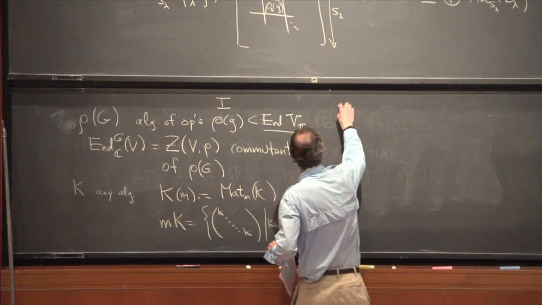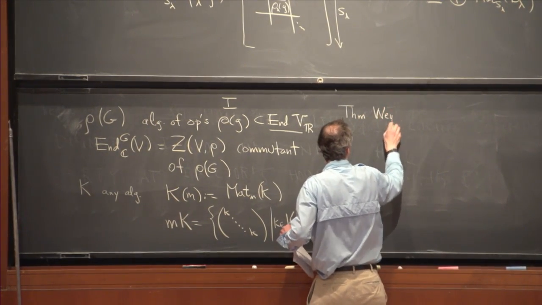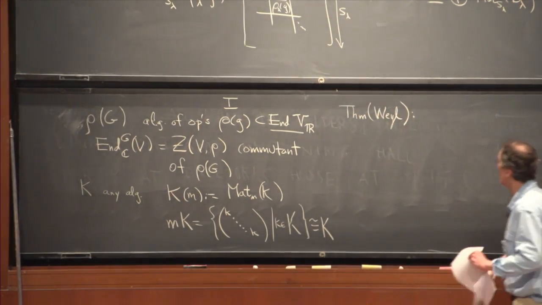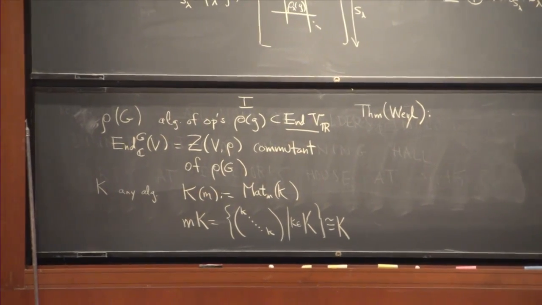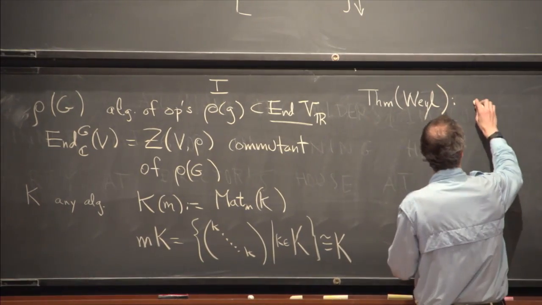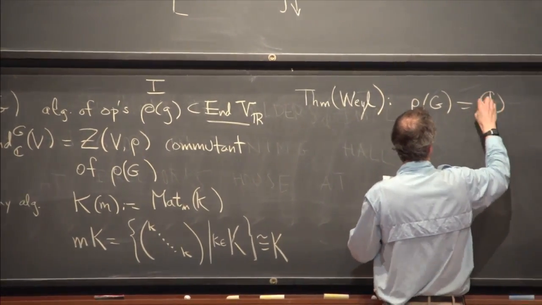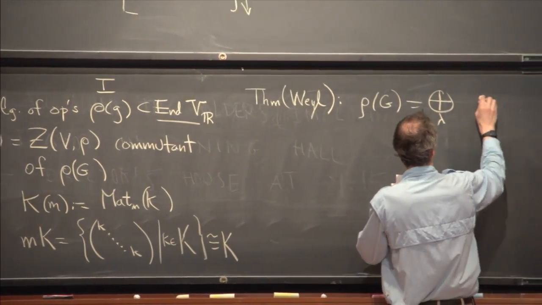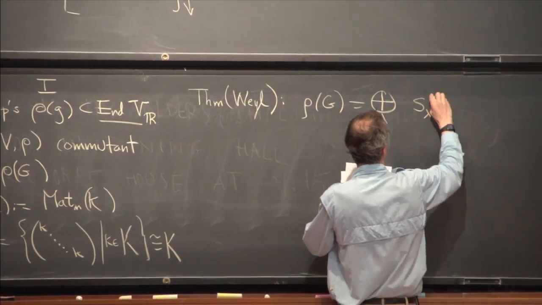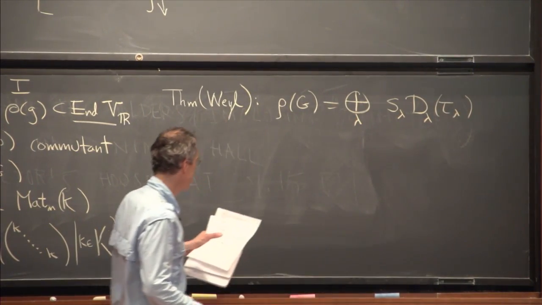So then we have a very beautiful theorem of Weil. Seems like all the theorems here are due to people at the Institute. So Weil says that this algebra, rho of G, has a decomposition in terms of little s lambda, d lambda, of tau lambda. I'll define tau lambda in a second.